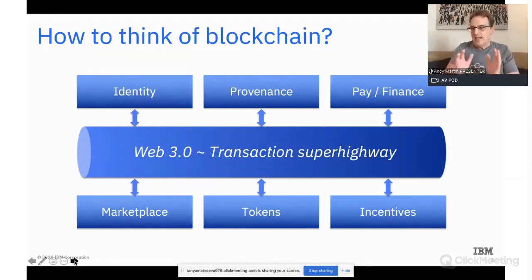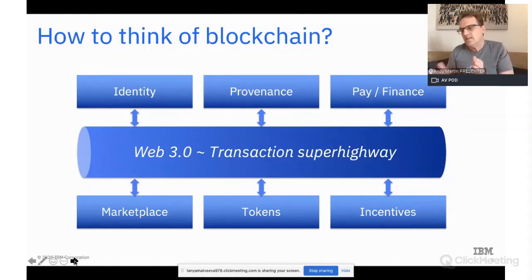Now, if I tokenize that asset, this will bring a whole load of new liquidity to the marketplace, where I can now start to clear and settle at the same time. If I use maybe a stable coin, I can start to drive new types of secondary markets, and I can fractionalize, break the primary issuance up into little bits. So this gives me far greater liquidity.